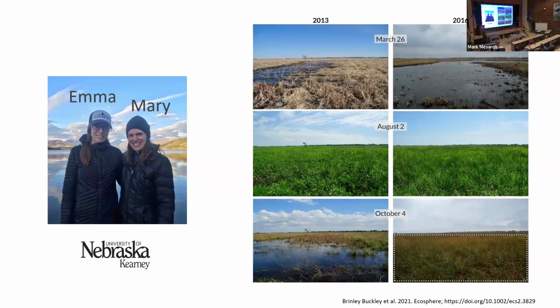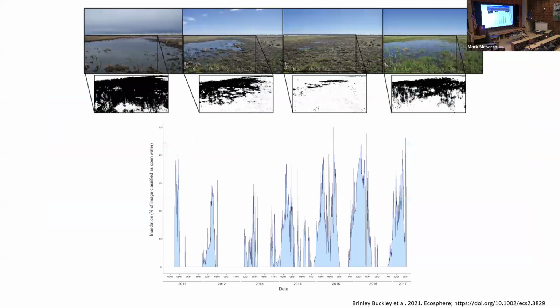And so we start to bring in that time component, and then you can really start to see some dynamics that are happening. In this case, the amount of inundated or open water area in this space. And so Emma used some image processing techniques to draw out of these images automatically, with some training, the areas of the image that were inundated.